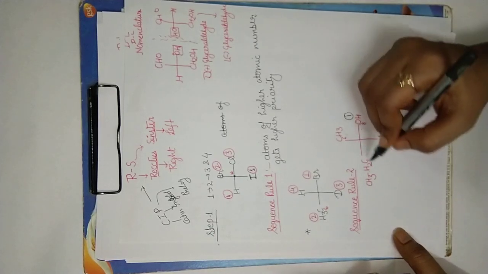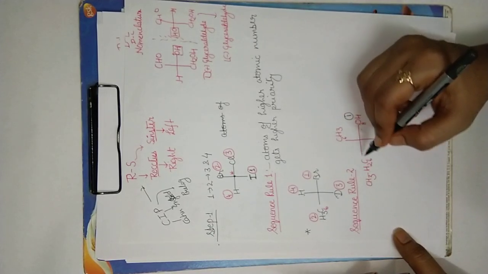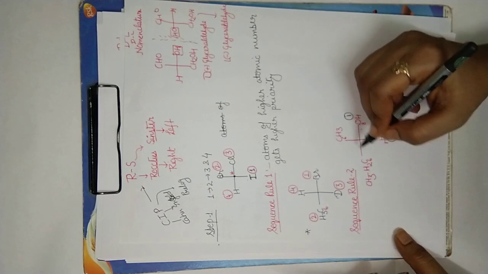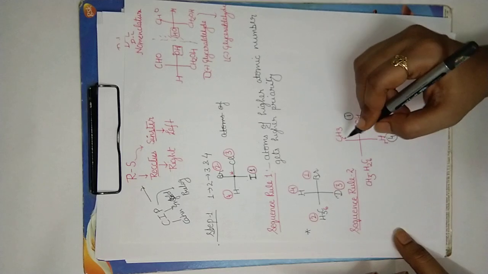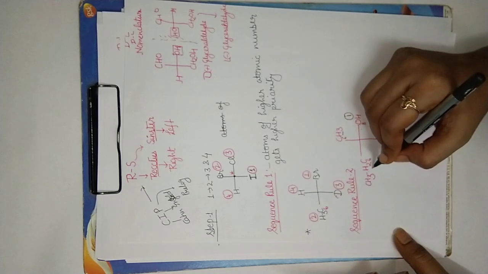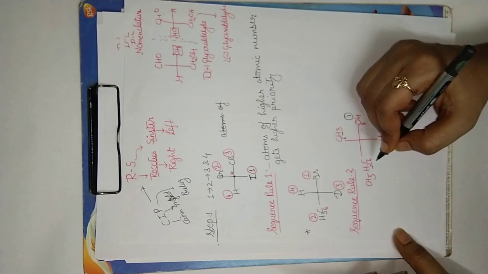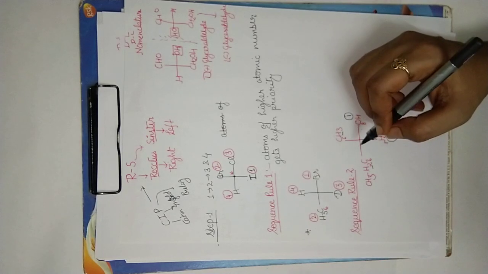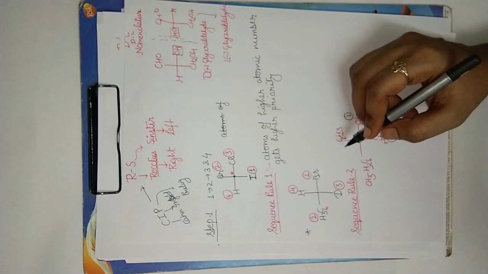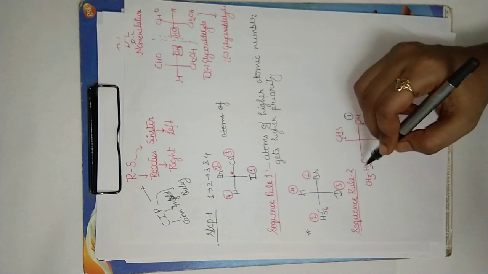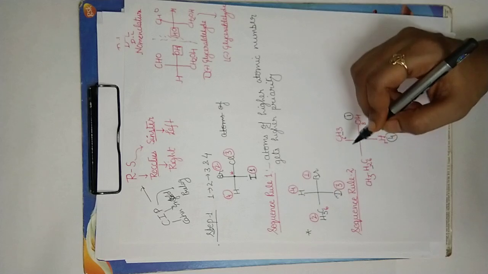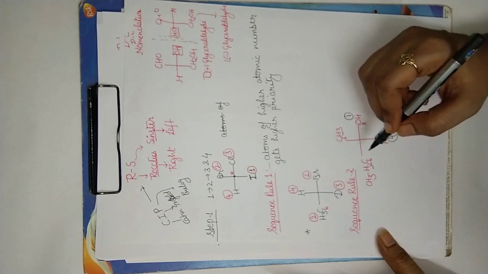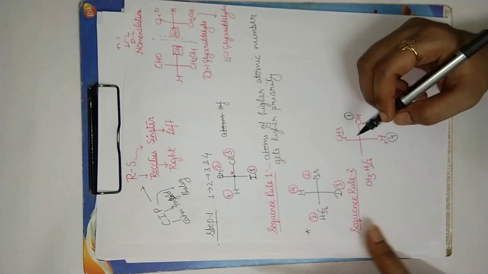We cannot decide in these 2 groups because here is 6, here is 6. If we cannot decide in these 2 groups, we will move on to the next atom. In other words, if the first atom attached to the chiral center is the same in both the groups, compare the atomic numbers of the atoms attached to each of these first atoms.